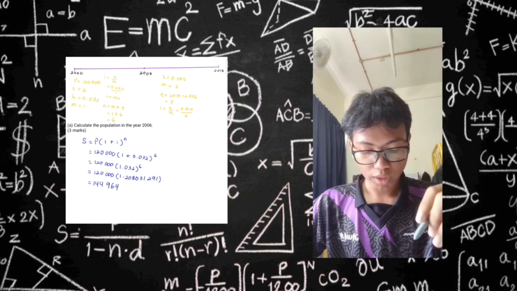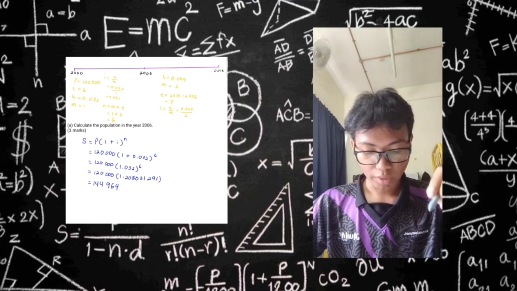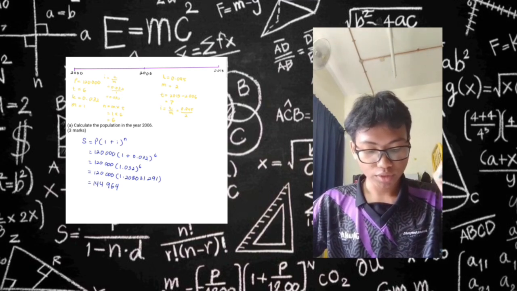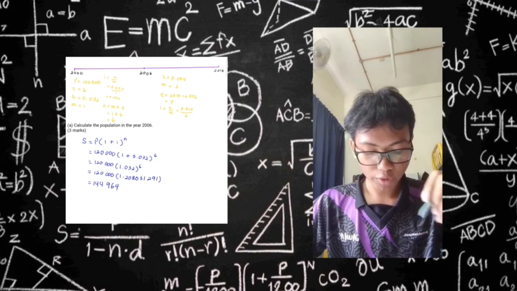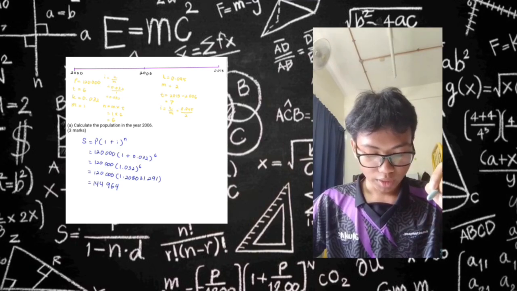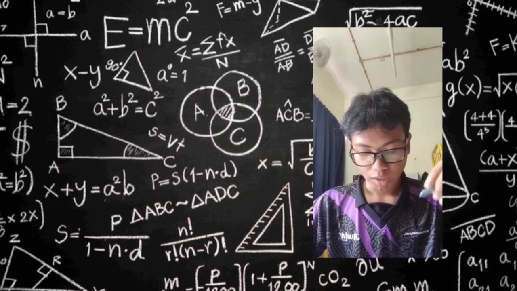Next, 120,000 bracket 1.032 power of 6, and 120,000 times 1.208031291, and the final answer we will get is 144,964. So let's move to question B.